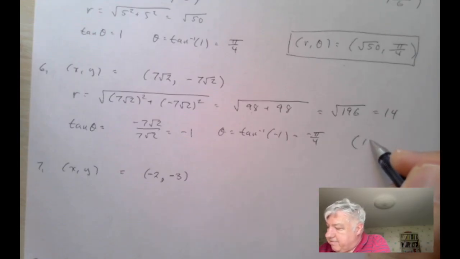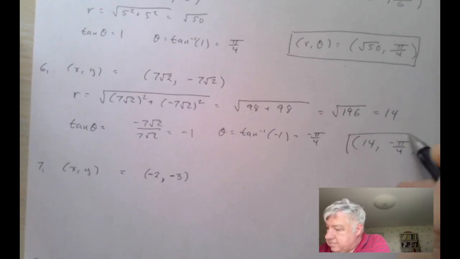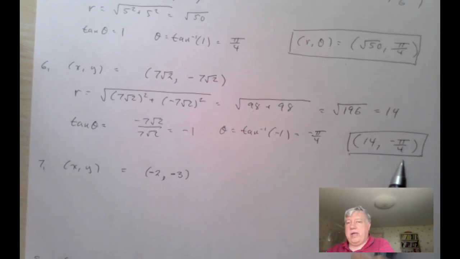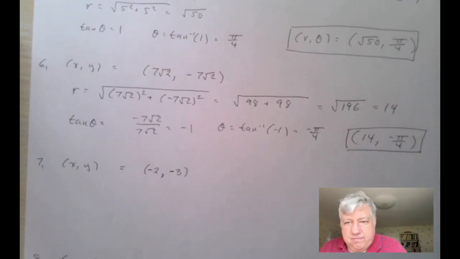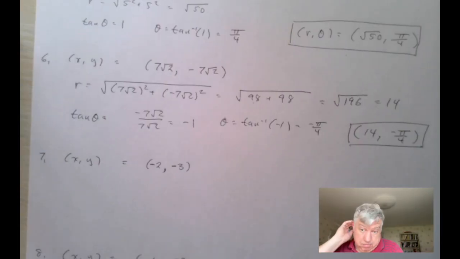So our answer would be 14, negative pi over 4. Again, you could replace negative pi over 4 with 7 pi over 4, by adding 2 pi to that. Depends on what they ask for. If they ask for a certain range, then you want to put it in that range by adding the correct multiple of 2 pi to it.